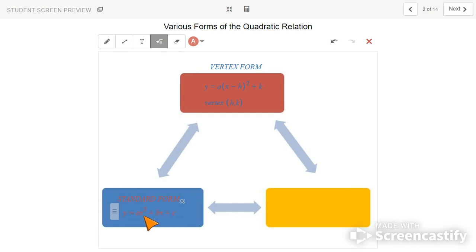We're going to examine this form and see its advantages. In the next couple of lessons, we're going to talk about the factored form. Factored form, you have seen that before when we did factoring.